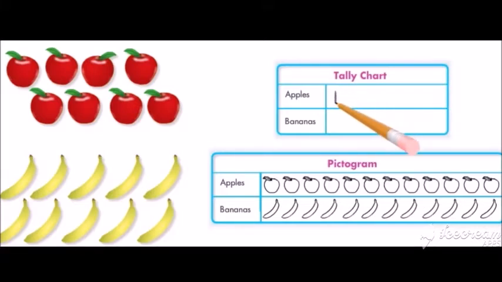We may record them in a tally chart as shown. We can record them in numbers, or we can record them in a pictogram by drawing them. And there are many types of charts to record data.